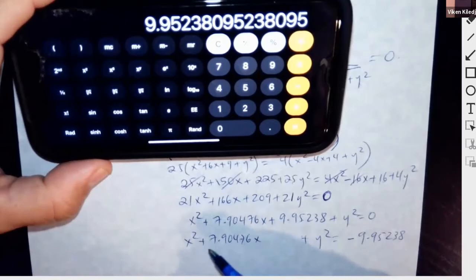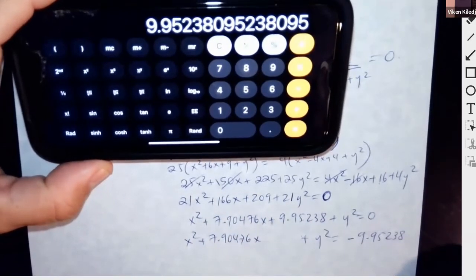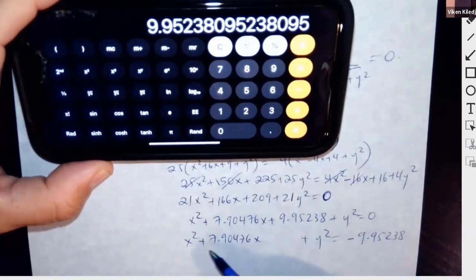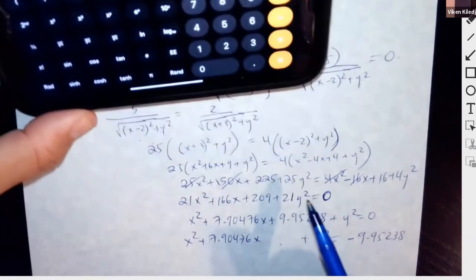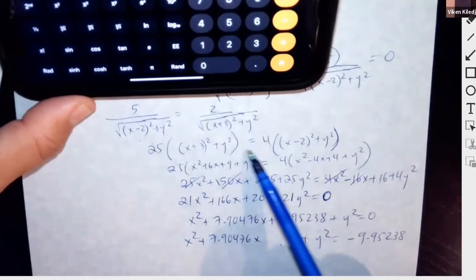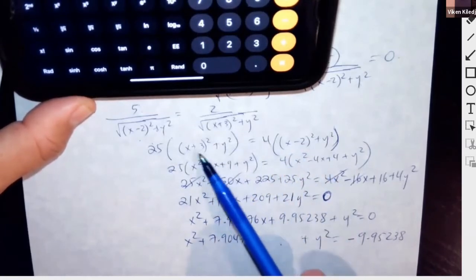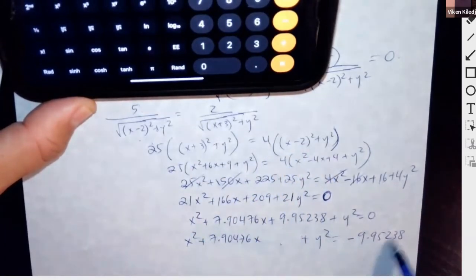Okay, do you remember the process called completing the square? So if I want to make this a perfect square, what do I do? In other words, this ultimately comes down to trying to find the equation that defines this line.